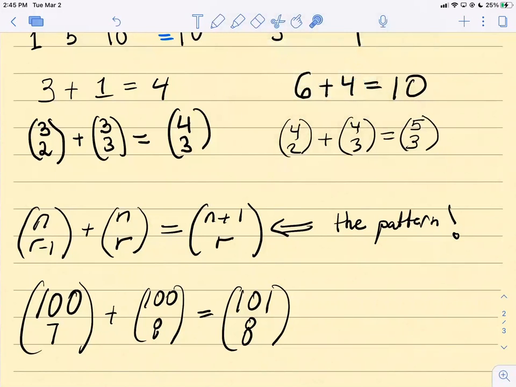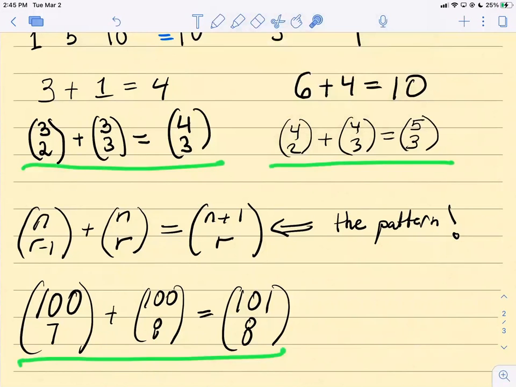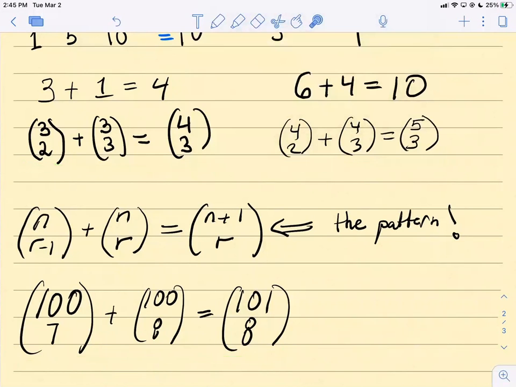The question is, again, why is this true? Why is this true? And why is this true? Without doing any sort of arithmetic.